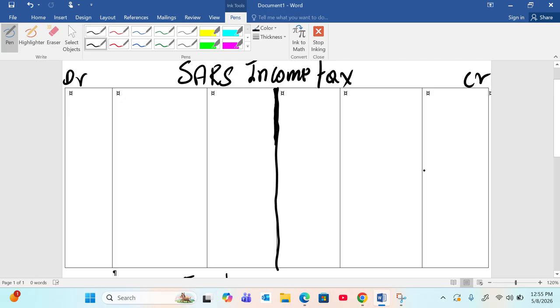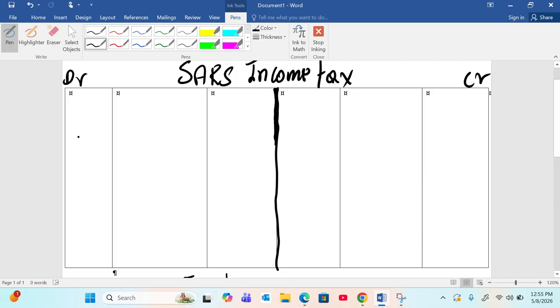With the SARS income tax, guys, if they ask you what type of account this is, please always say it depends. It depends on whether we are owing SARS or SARS is owing the business. If SARS is owing the business, the SARS income tax will be an asset. But if the business is owing SARS, the SARS income tax will be a liability.